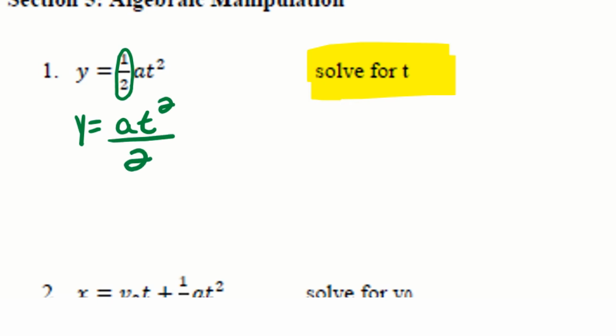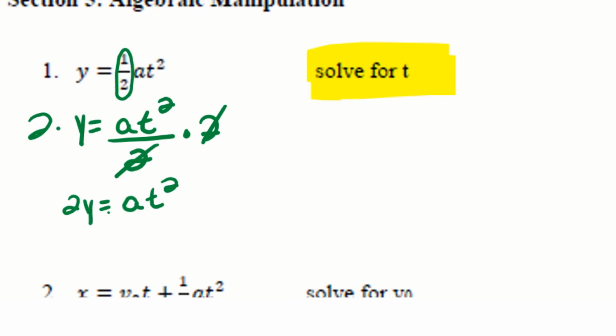So the first thing that I would do to get the t by itself is get rid of this 2. Well, because it's being divided, I should multiply by 2 on both sides. So that gives me 2y equals at squared. Now, to get t by itself, I need to get rid of the a.